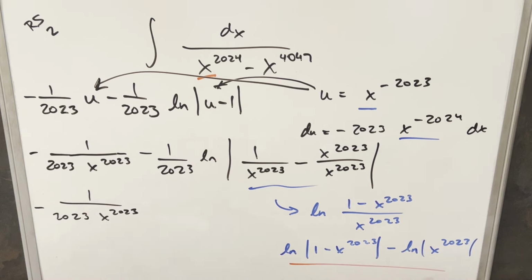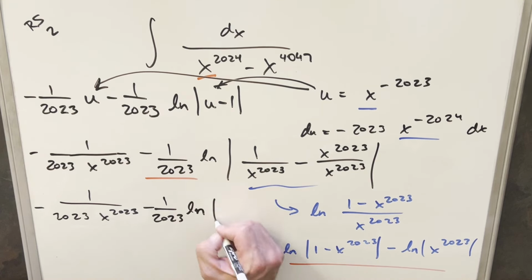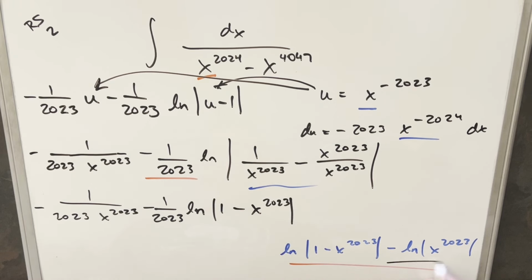But now taking this, we want to go back and distribute in this coefficient that we have in front. For the first term, we're going to have minus 1 over 2023 and then natural log absolute value of 1 minus x to the 2023. Now for this last piece, we distribute in minus 1 over 2023 times minus ln of x to the 2023.